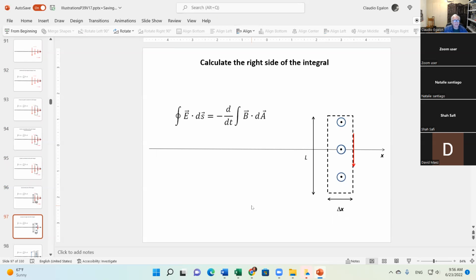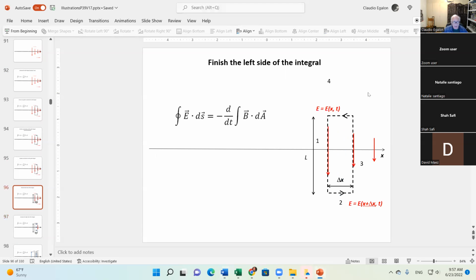Delta X. Now we can calculate the flux. Let's not forget, I have to put back the direction of the path that we chose here.